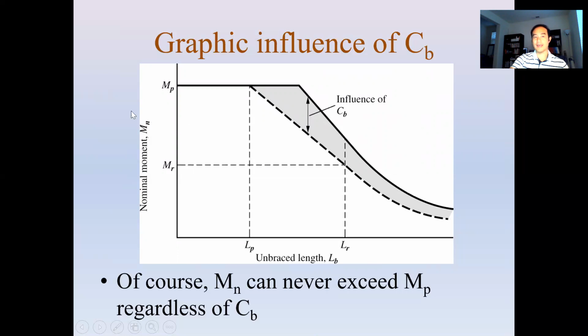Because M sub N is our capacity, and we are having a larger capacity with a given section. So when we apply the C sub B, we can increase our capacity a little bit like this. All right, I'm going to stop this video clip, which is pretty short this time, and then I'm going to continue to talk about and solve the example problems from the textbook. All right, see you later.